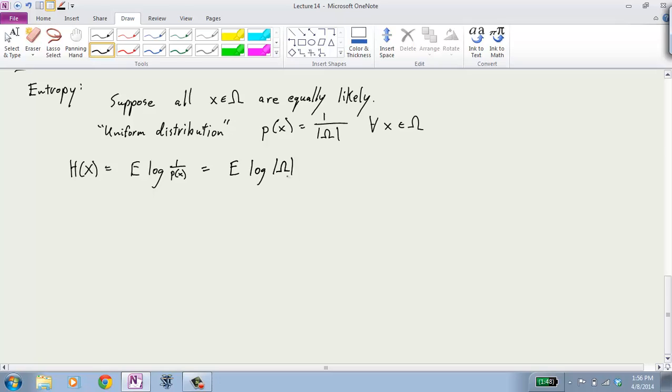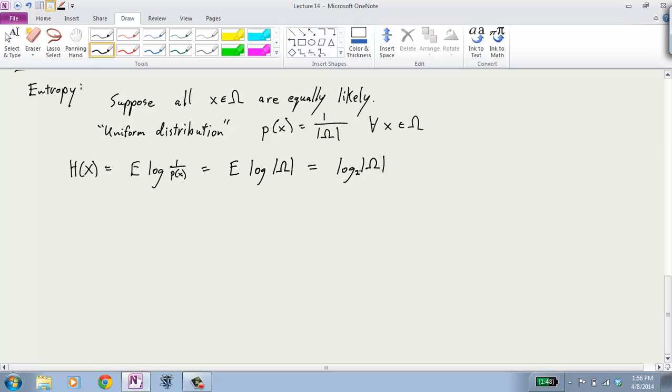And if the thing inside the expected value is just a constant, deterministic, then this just equals that constant, log of the size of Omega. So that's what the entropy is for the uniform distribution. Remember, my logs are base 2, if we want the answer to be in bits.